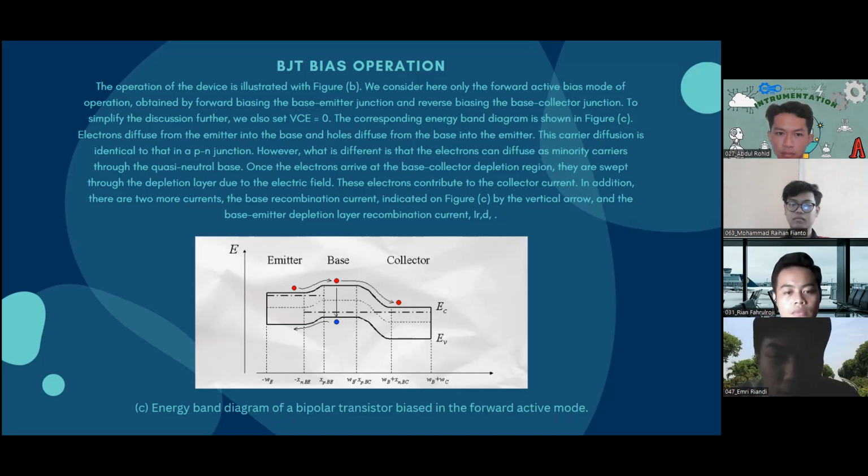These electrons contribute to the collector current. In addition, there are two more currents: the base recombination current, indicated on figure C by the vertical arrow, and the base-emitter depletion layer recombination current. Next.